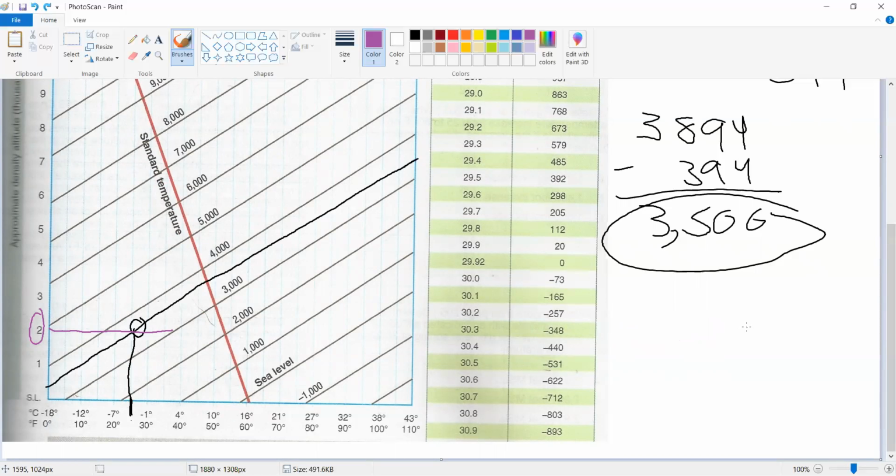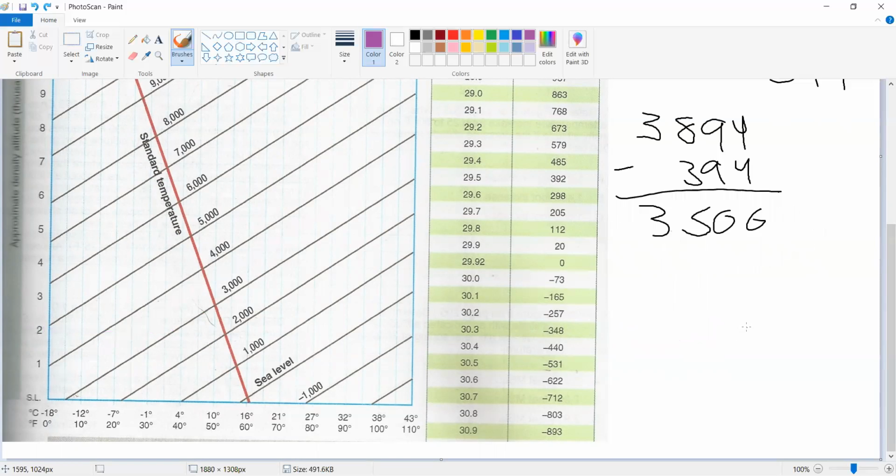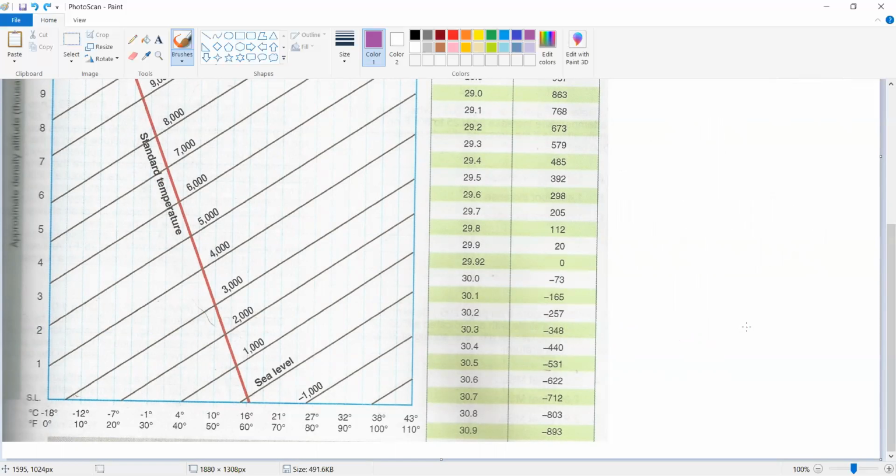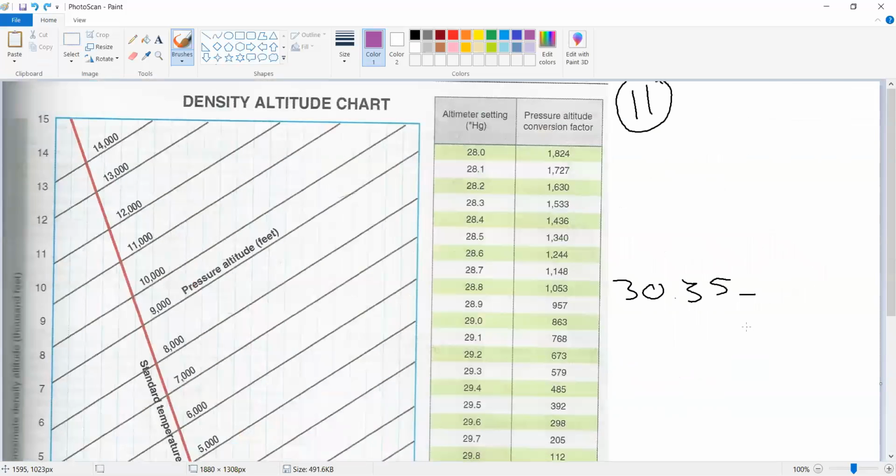2,000. Now for number 12. What is the effective temperature increase from 30 to 50 Fahrenheit on the density altitude if the pressure altitude remains at 3,000 feet MSL?